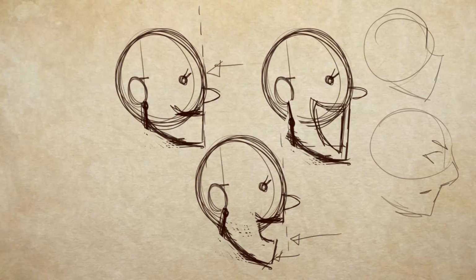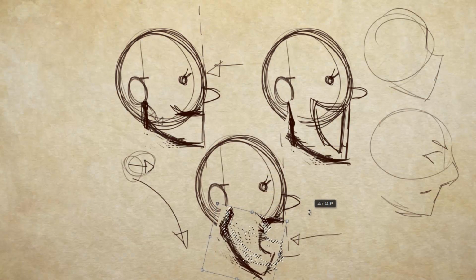Something else that happens is the jaw moves forward a bit. It goes this way and down, but this is pretty negligible. So the jaw is actually doing something more like this and then down.